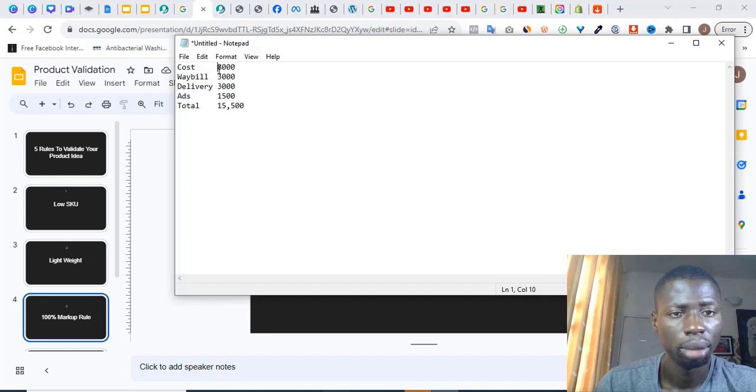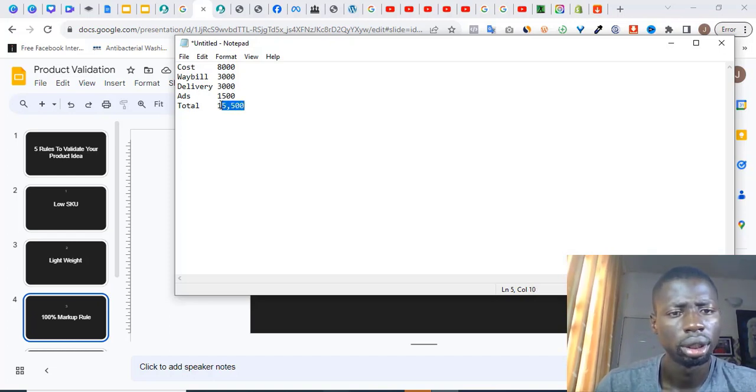So if you're buying a product that costs you 8,000 naira and Waybill is 3,000 naira, delivery is 3,000 naira, Facebook ads is 1,500. Now the truth is this cost might actually vary. Sometimes it might be higher, sometimes it might be lower, but overall you want to use an average amount or an average target. You want to set an average target for yourself.